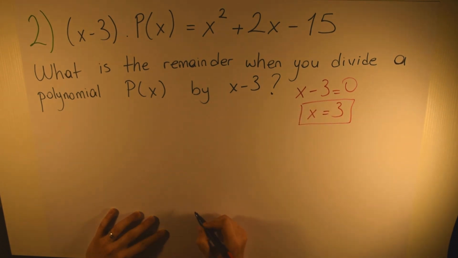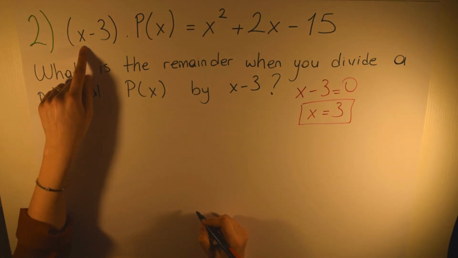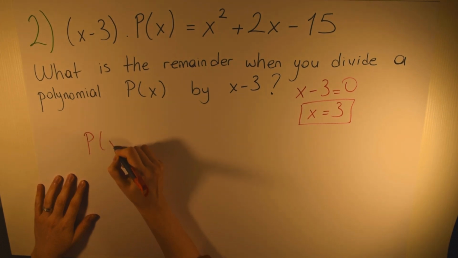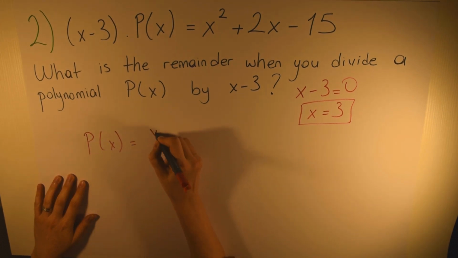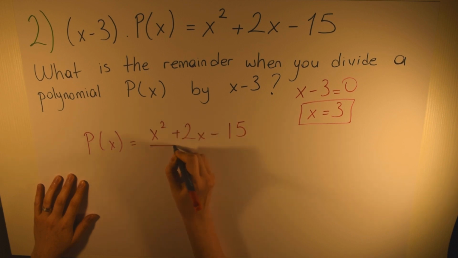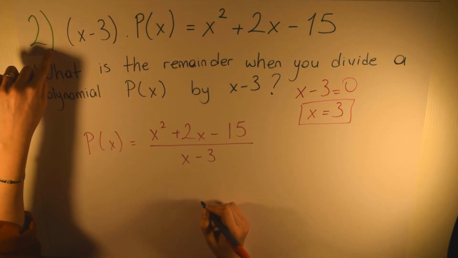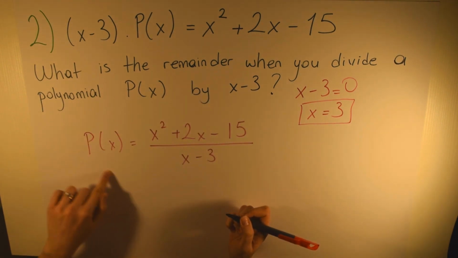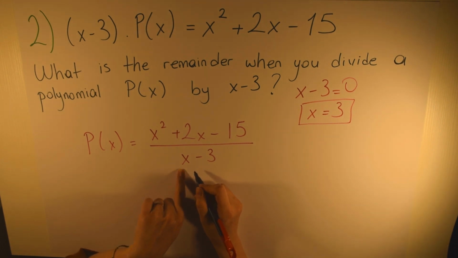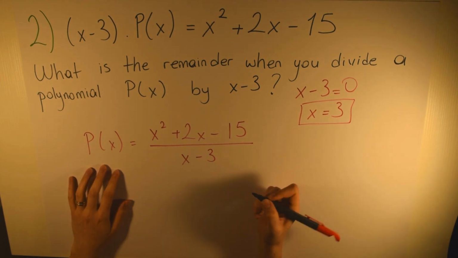When you put 3 here, you get 0. Let me write it so you understand better: P(x) is x squared plus 2x minus 15 over x minus 3. Here when you put 3 instead of x, you get 0, which means we cannot find our remainder.